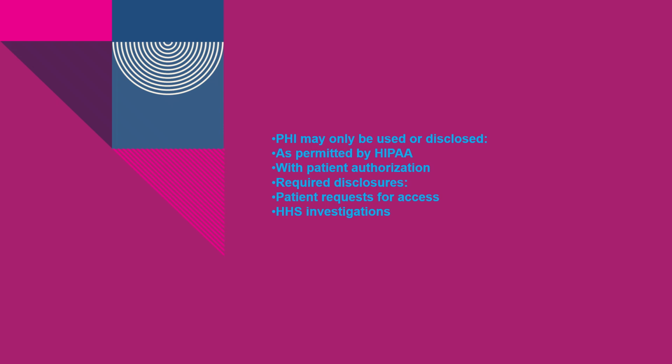First, when a patient requests access to their own medical records, and second, when the Department of Health and Human Services conducts a compliance review or investigation. Outside of those, sharing PHI has to follow the minimum necessary standard, meaning only the information essential to the purpose should be shared. Keeping these boundaries in mind helps ensure that patient privacy and trust remain protected.